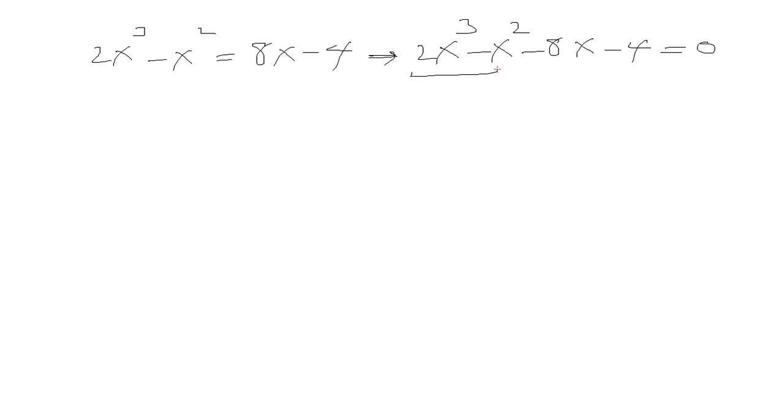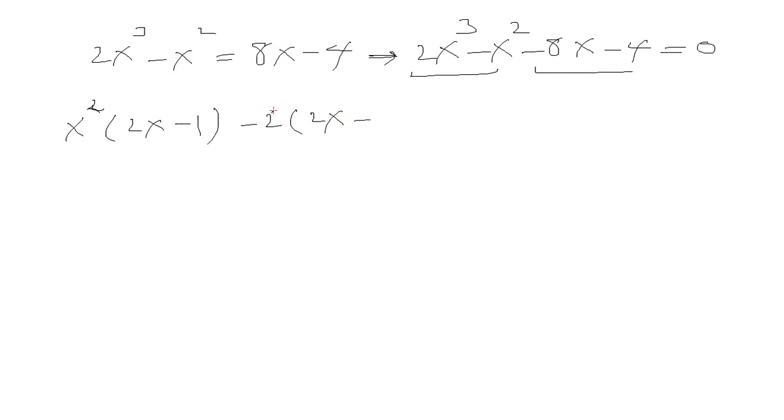If I group these two and these two, I can factor this polynomial. I can factor out x squared from the first group, get 2x minus 1. I can factor out a -2 from the second group. I get -2 times 2x is -4x. That's not right, I need to factor out a -4.